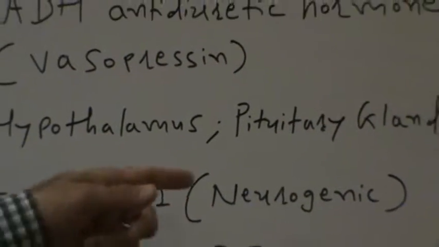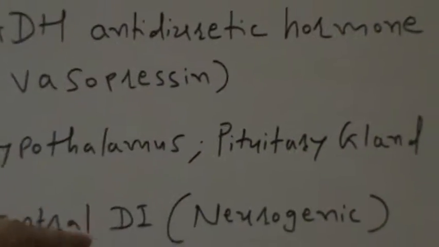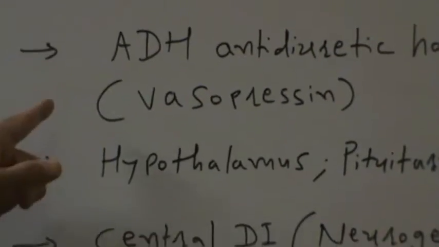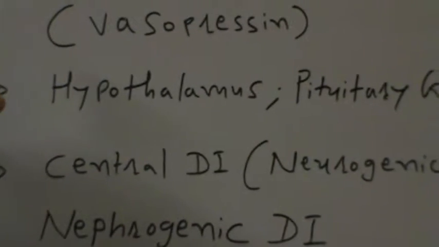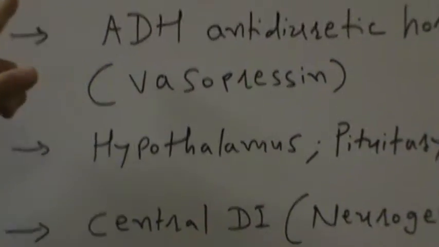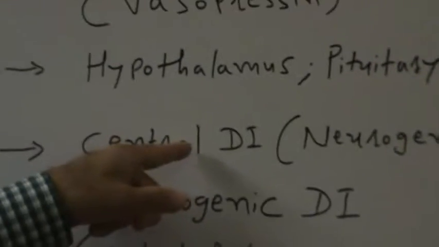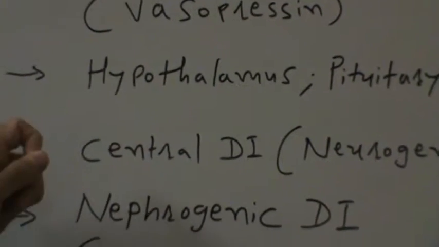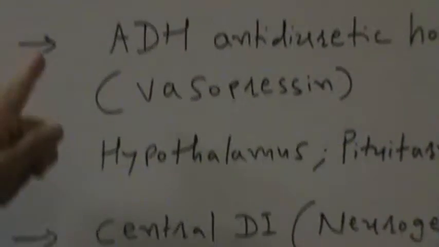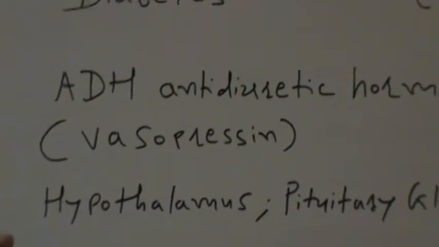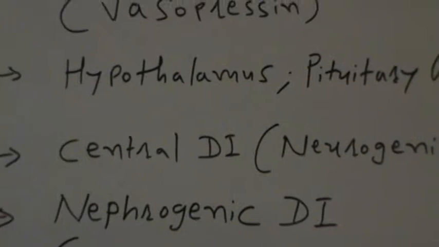It has to do with the brain, the neuro, where it all starts. So if the DI is caused by a lack of ADH, then it is called central DI. I repeat, if DI is caused by a lack of ADH, it is called central DI.